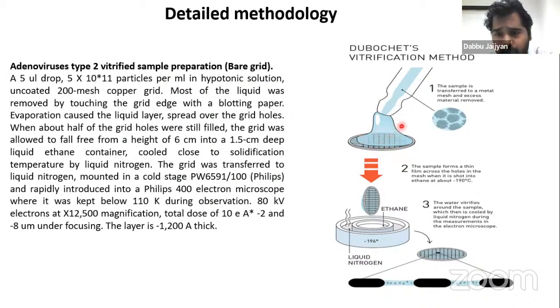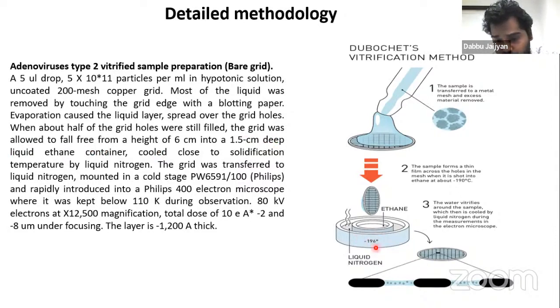Here you can see that most of the sample was absorbed using a filter paper, and while the sample was still spreading over the grid, the grid was free-fallen into liquid ethane from a height of around 6 centimeters into a 1.5 centimeter deep liquid ethane container.